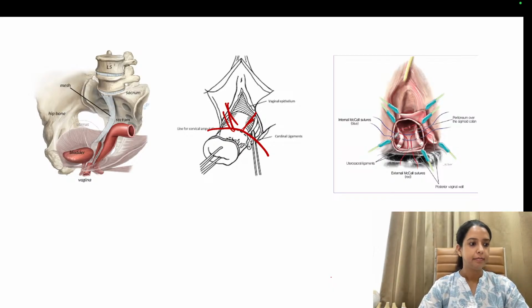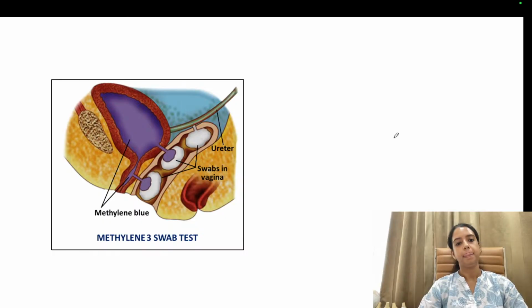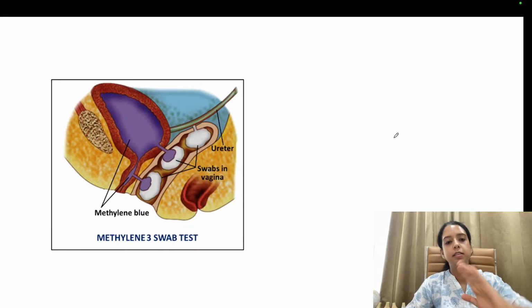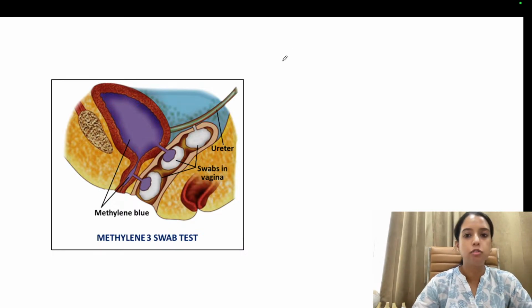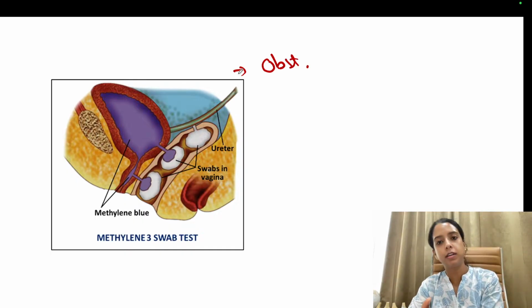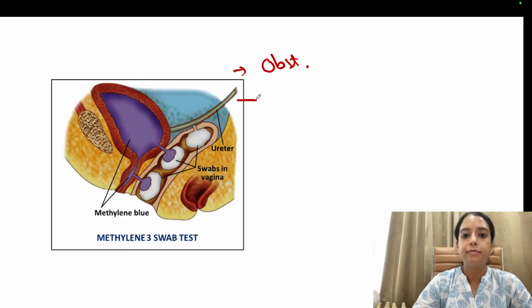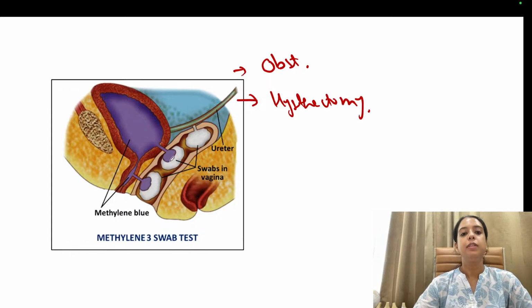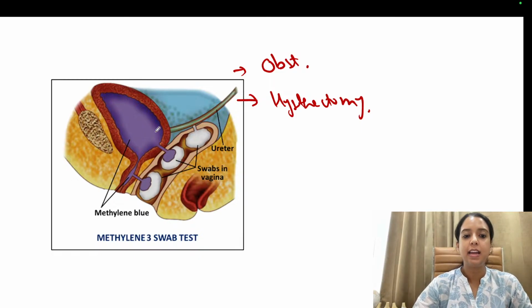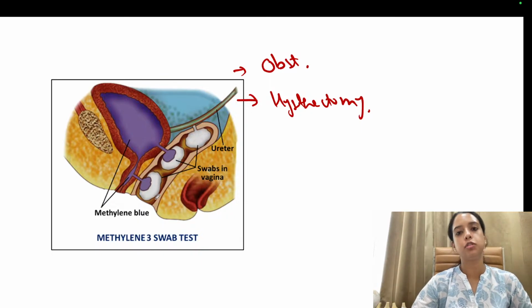Okay? This is the three swab test done for urogenital fistulas. The most common cause of urogenital fistula in our country is obstetrical causes, obstructed labor, prolonged labor. In foreign countries, the most common cause of fistulas is hysterectomy. During hysterectomy, the fistula forms. We do the three swab test for the diagnosis. When I insert three swabs and fill the bladder with methylene blue dye, if the lowermost swab is stained, it is a urethral fistula.